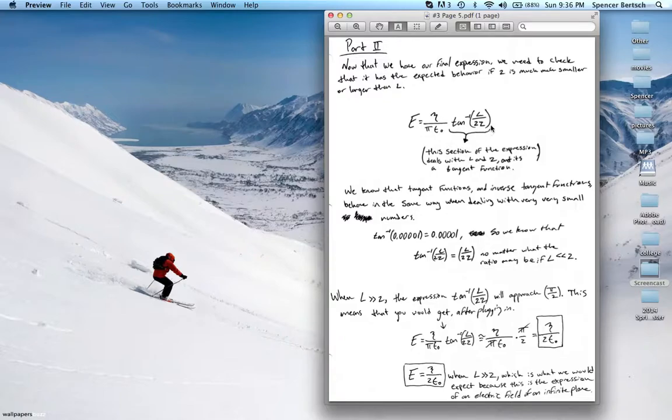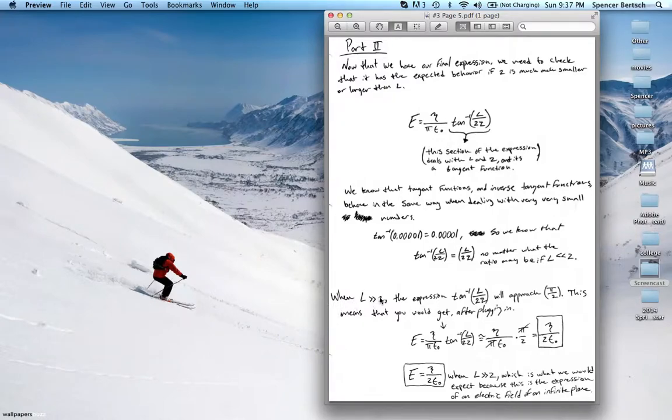So in the case of L over 2z being really small and Z being a really large value, it would be the exact same answer. So E would be equal to eta over pi epsilon naught times tan inverse of L over 2z, and that gives you the same answer. So that proves that if Z is really large, then it's true. But like I mentioned before, it was actually really cool to figure this out.